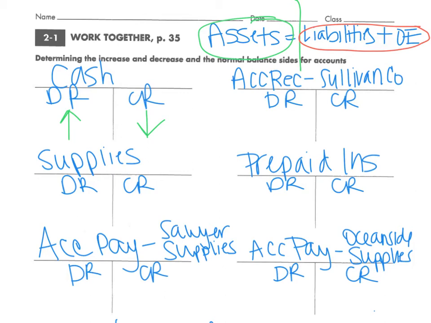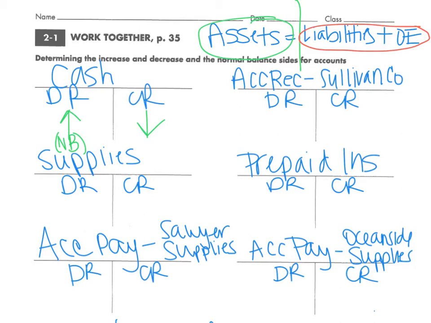And then we need to label what side is the normal balance side. Well, the normal balance side is always the side of the account that increases. So since we increase as a debit, I'm going to label NB for normal balance underneath that arrow. Okay, now let's go to accounts receivable.